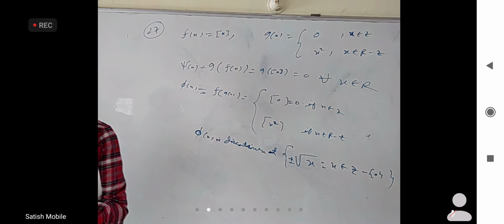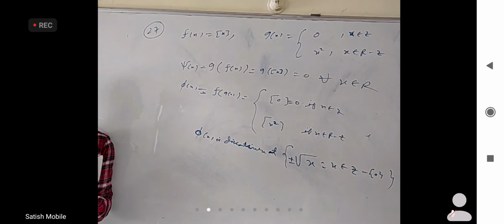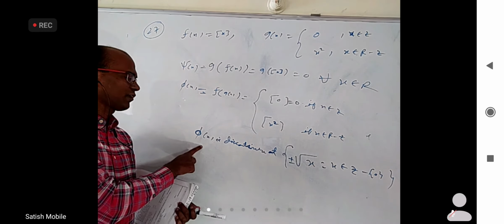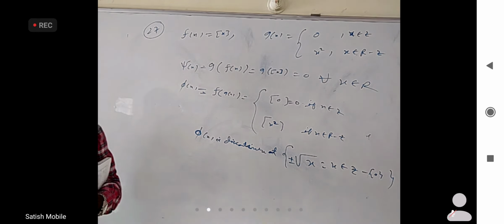So phi of x is discontinuous at plus or minus root of such integers. Okay. Online people, I hope it is clear to you?